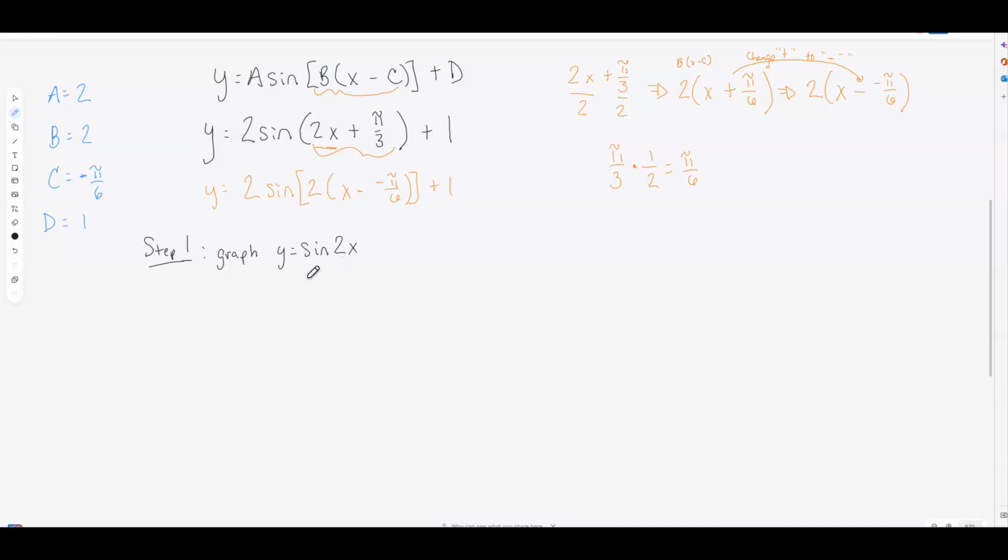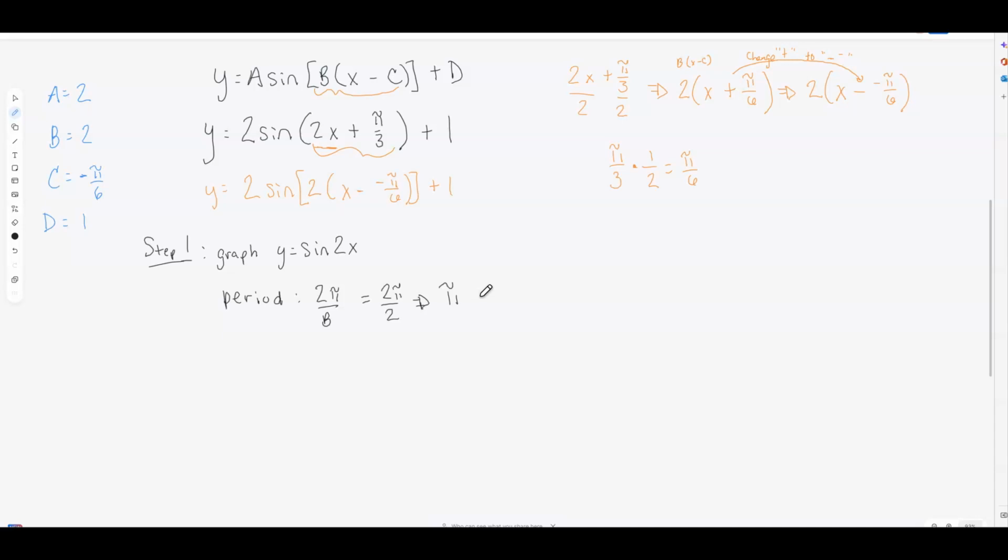So this period, remember, becomes 2 pi over b, and again, my b is 2. So this becomes 2 pi over 2, which means that my period is just pi, okay?